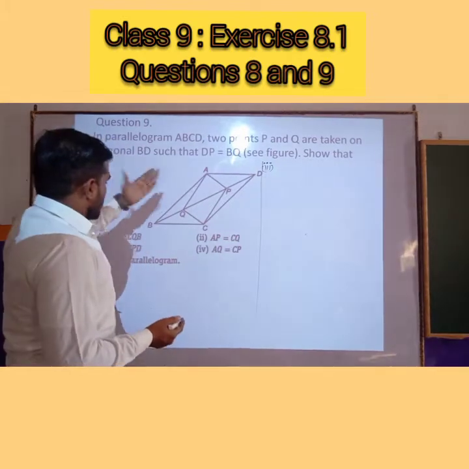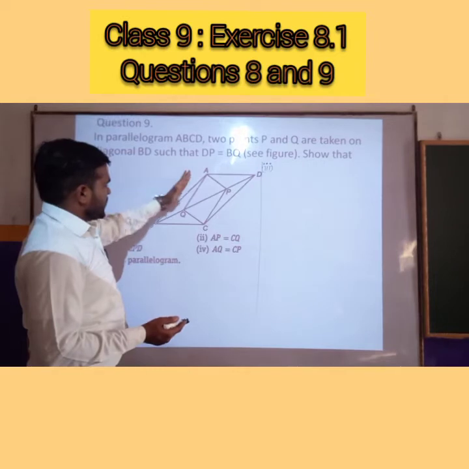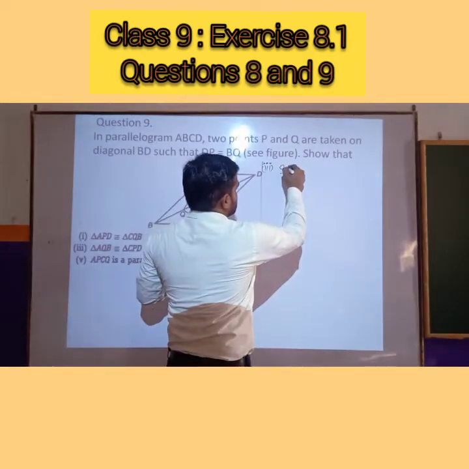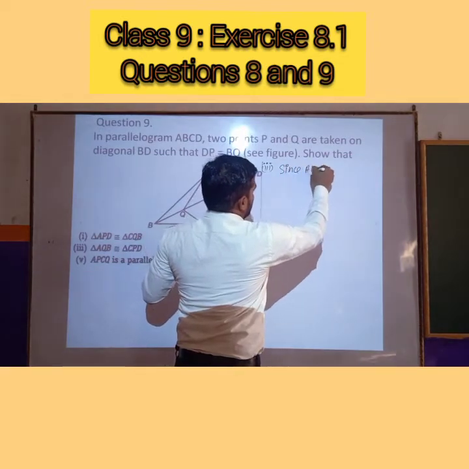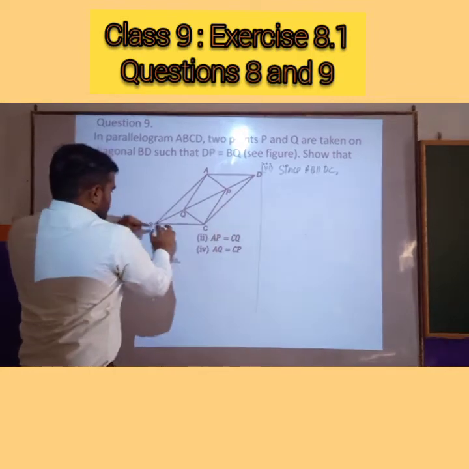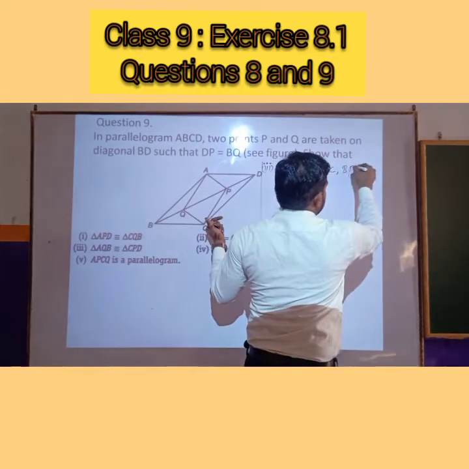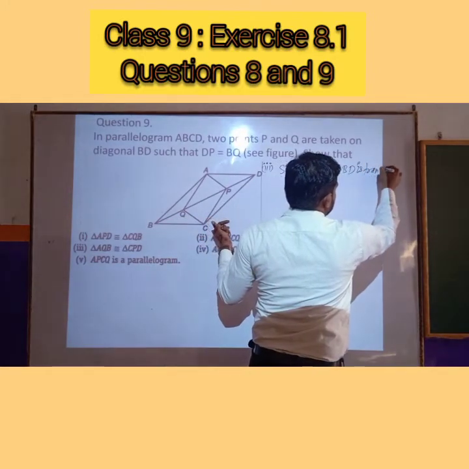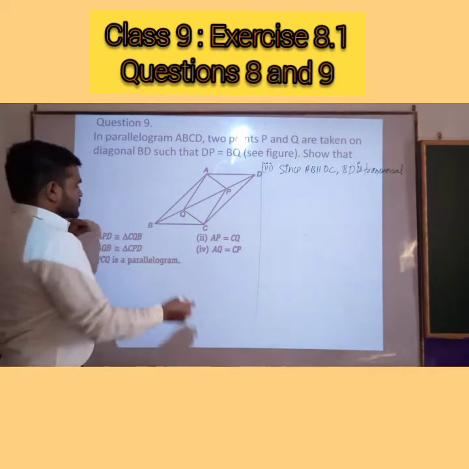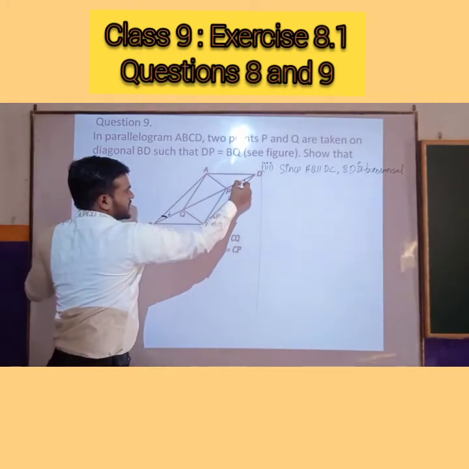So children, here AB and DC are both parallel. Since AB is parallel to DC and BD is transversal, we consider this angle as angle 1 and this as angle 2.